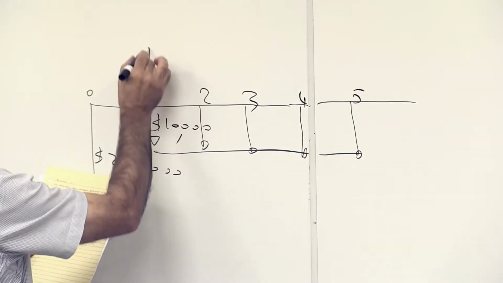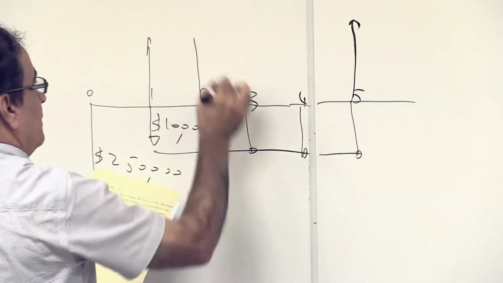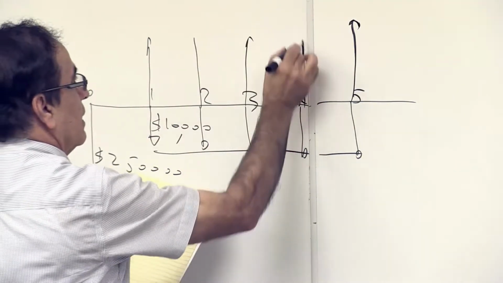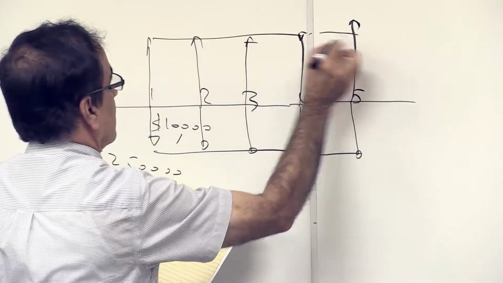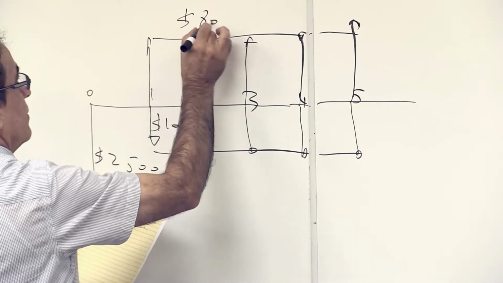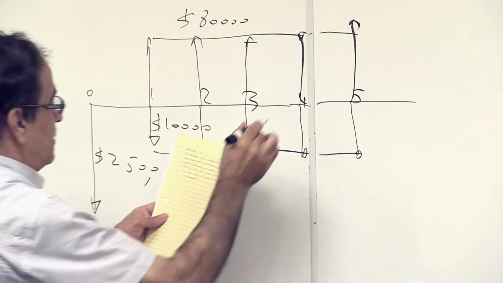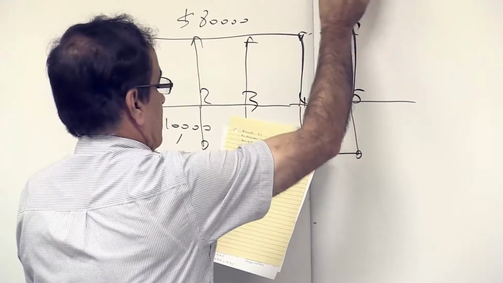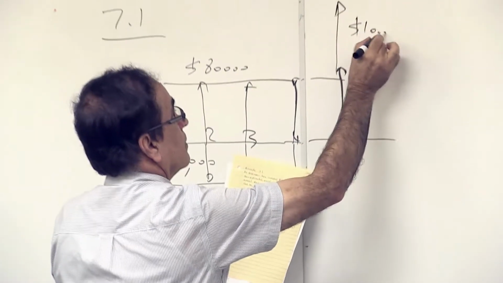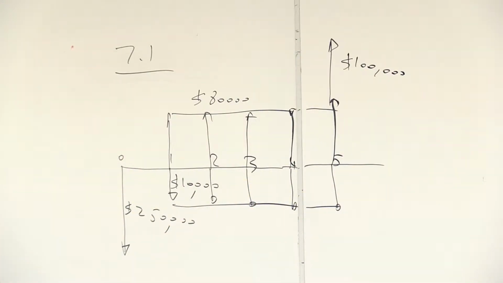The income from year 1 to 5 also is going to be uniform, and that's going to be $80,000. At the end of 5 years, the salvage value for the equipment is going to be $100,000. We want to know what is the rate of return from this investment.